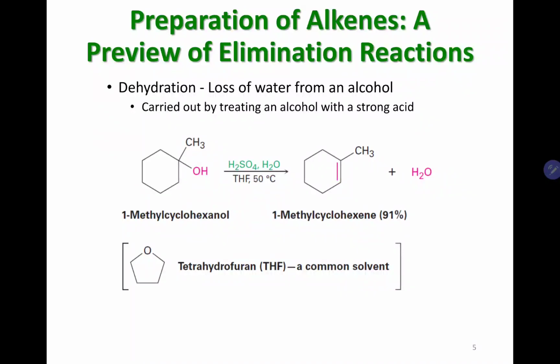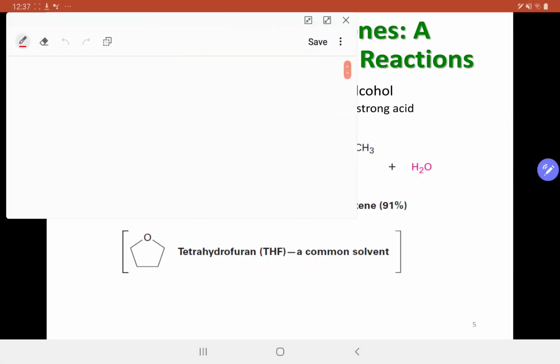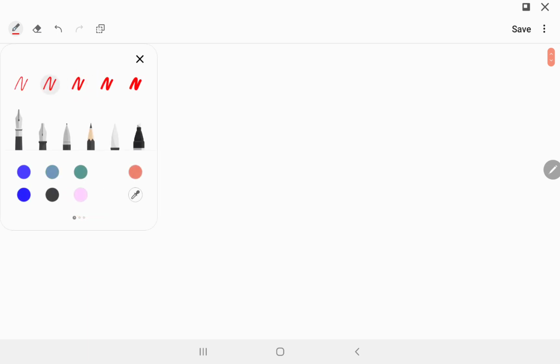So we learned two reactions for the synthesis of alkenes. Once again, the first reaction that we learned is alkyl halide treatment with a strong base, and the second reaction that we learned is alcohols reaction with a strong acid.